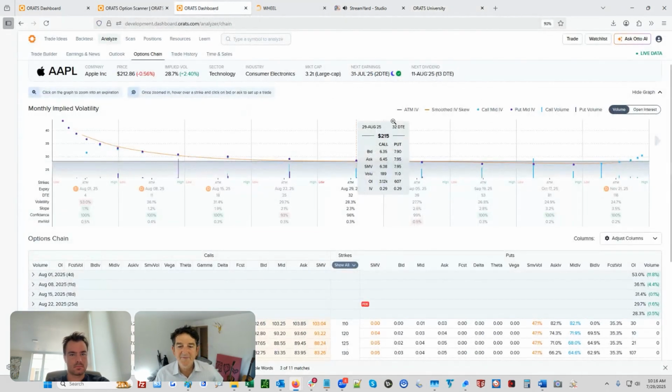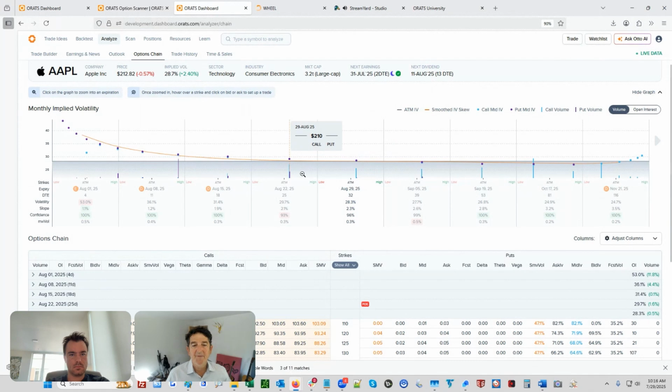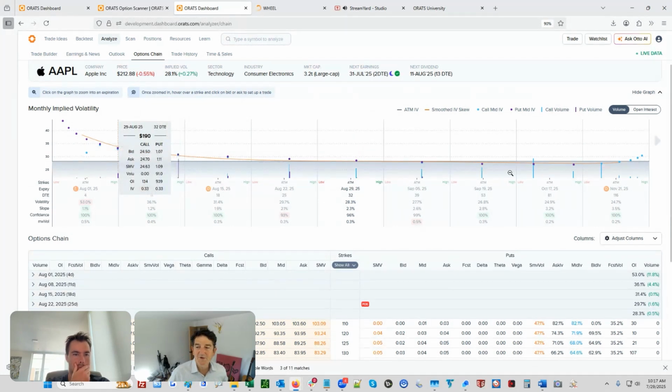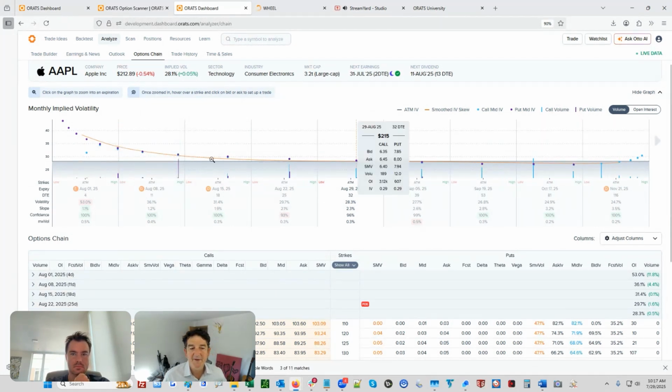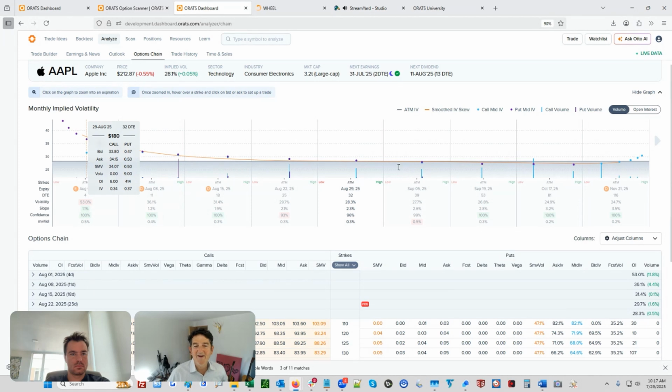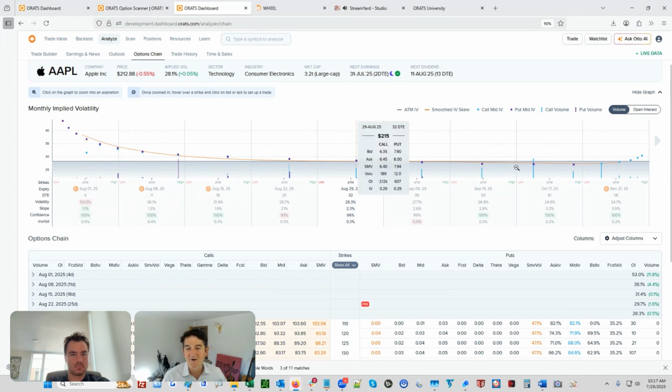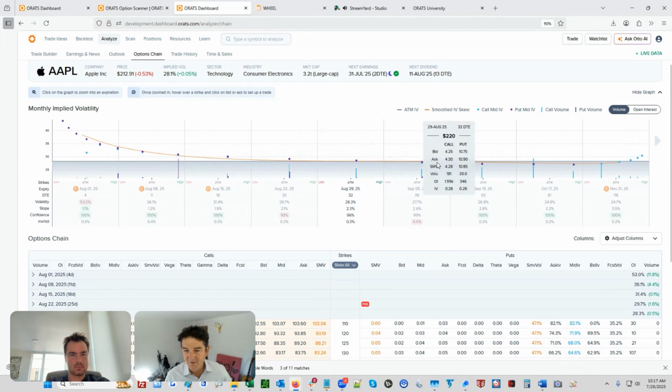So the SMV process lines up the calls and puts, which is very important to do, and then it draws this kind of orange skew through it. And this looks easy, but it is very difficult to do. We used gaming technology in order to figure this out. And so we draw the skew through it.